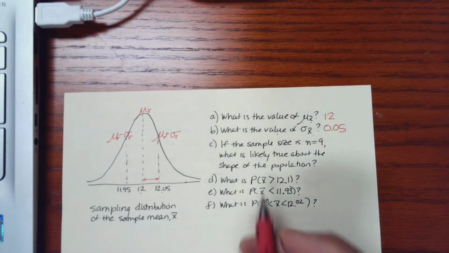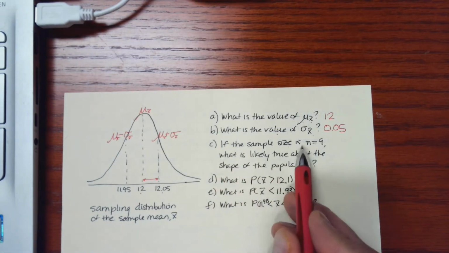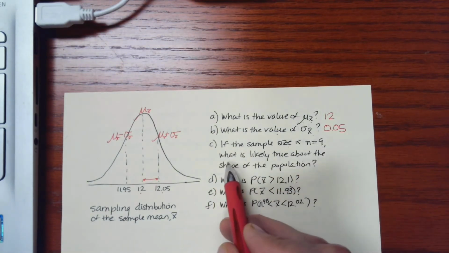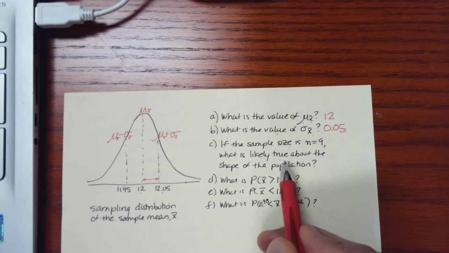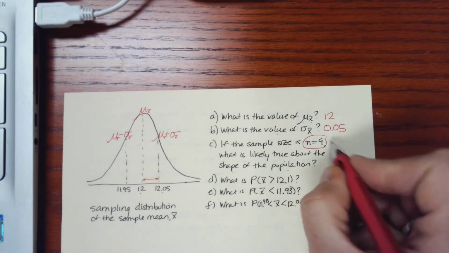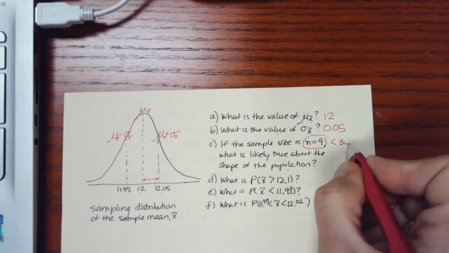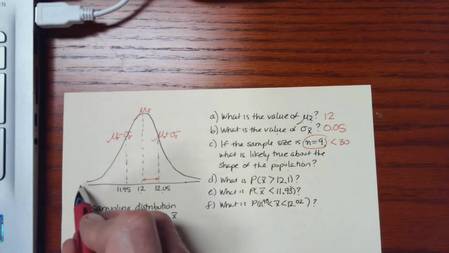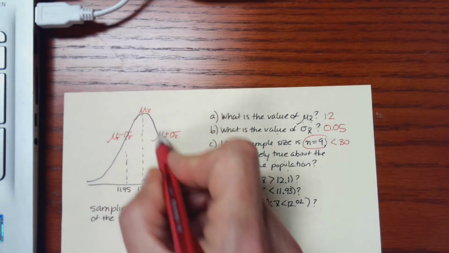Now, the next part says, if the sample size is 9, what is likely true about the shape of the population? So that is a relatively small sample size. It's certainly less than 30. Now, we see that this sampling distribution has a nice bell shape.